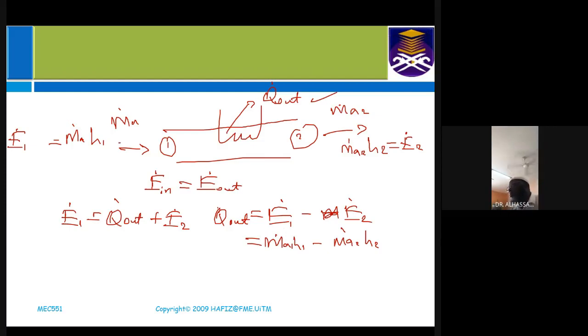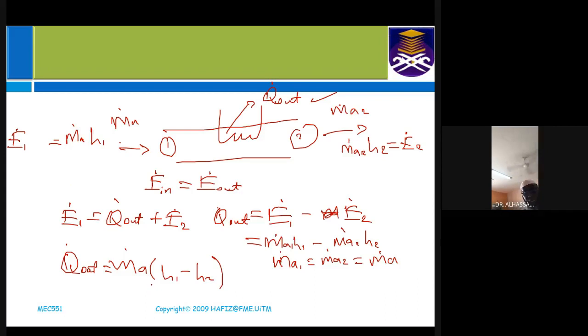So MA1 equals MA2, and this equals MA. So eventually we'll have Q out equals MA into bracket H1 minus H2. So we need to determine anyhow MA.